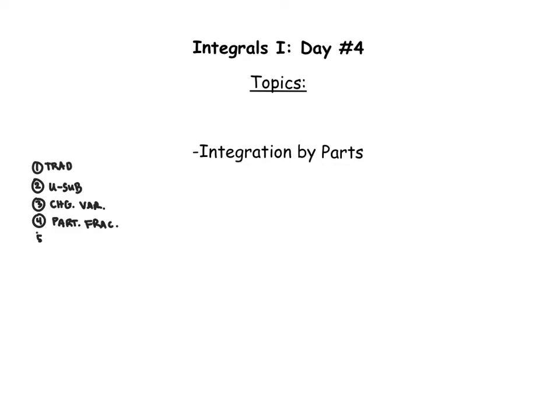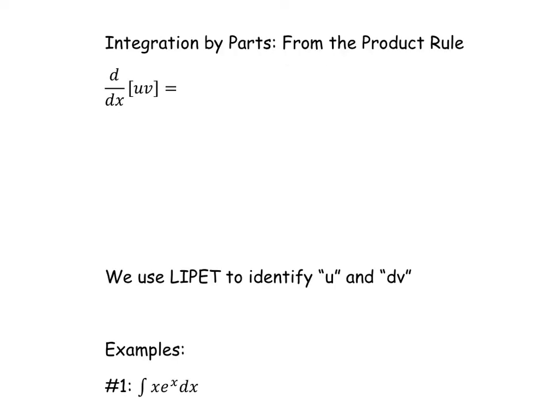Along with that is the rare but useful integration by completing the square and integration by long division. So in this lesson we're going to bring our seventh method, which is integration by parts. So let's go ahead and get started.